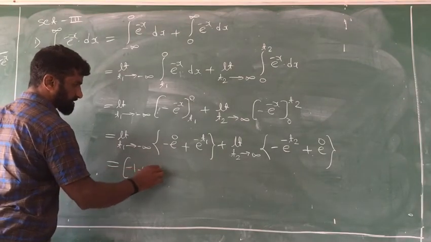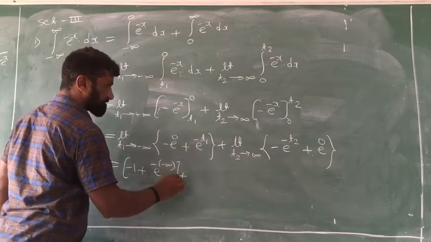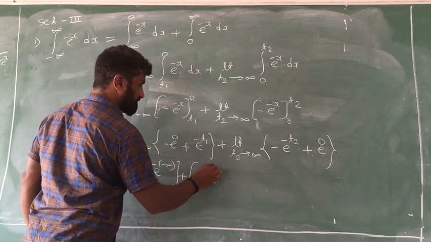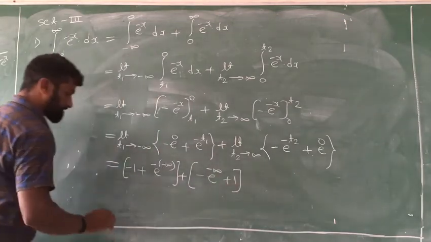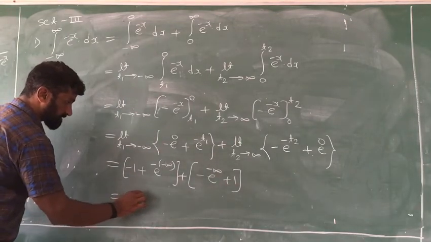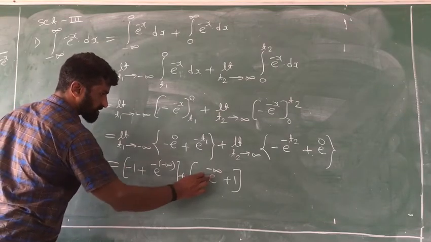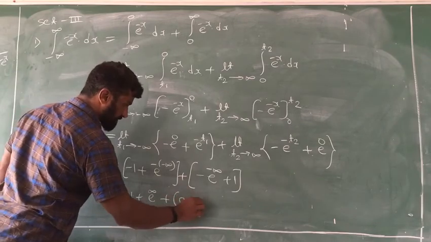So it is minus 1 plus e raised to minus of minus infinity, which is e raised to plus infinity, minus e raised to minus t2 which goes to 0, plus 1.